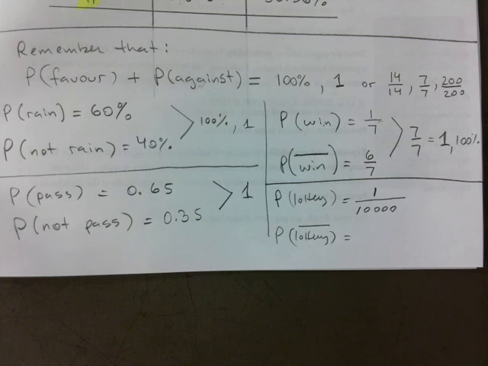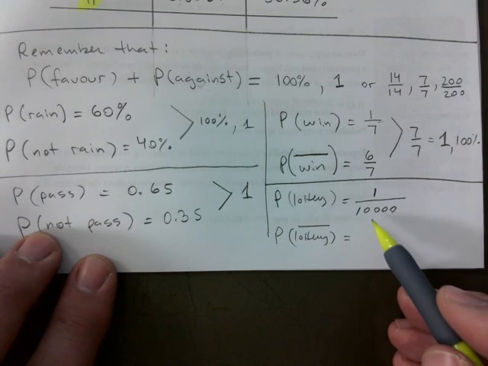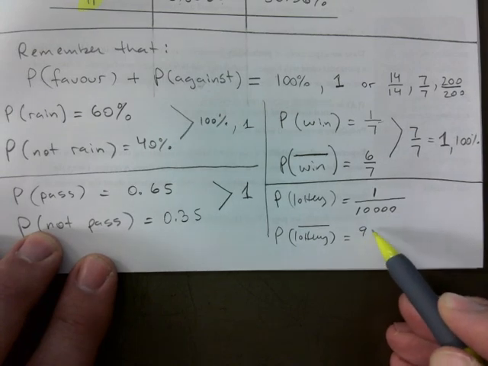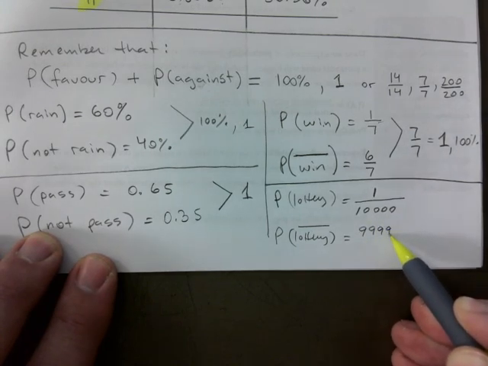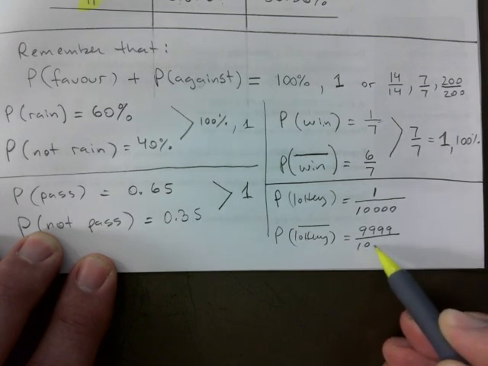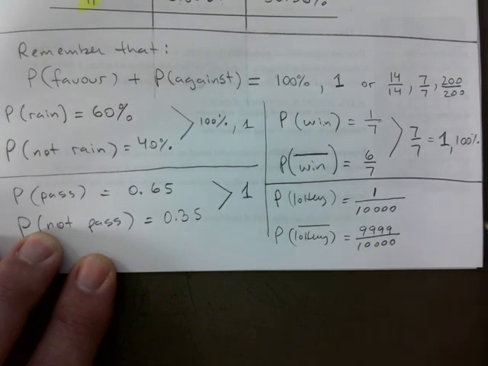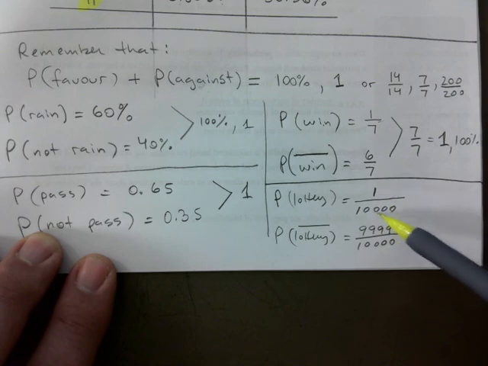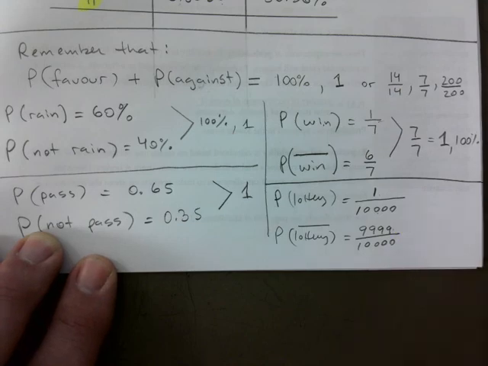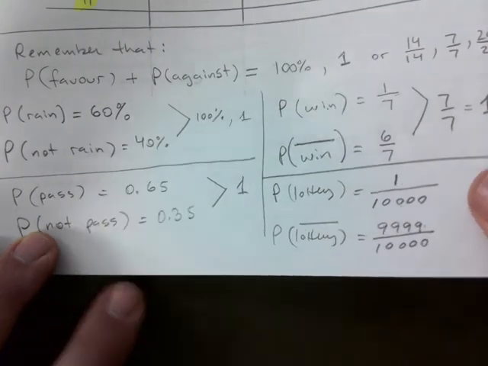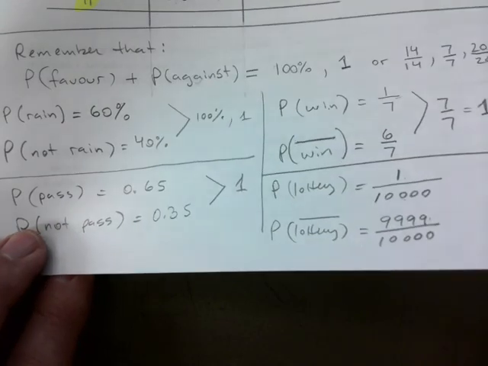So 1 in 10,000 win, how many would lose? 9,999 over 10,000, right? If 1 out of 10,000 wins, then the rest will not win the lottery, right? So think of it that way. Chances of winning the lottery are low, yet if you don't buy a ticket, you have 0 chances of winning, right? If you ask me.